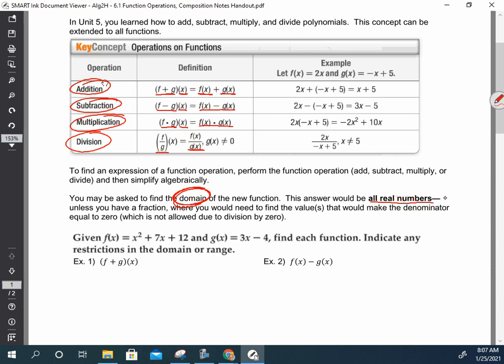So if you do end up with a fraction, then you need to find out what, if anything, will make the denominator 0. If something like that exists, we'll solve it out. If not, then our answer is all real numbers. And we do have an example of division, so you'll see how that works.